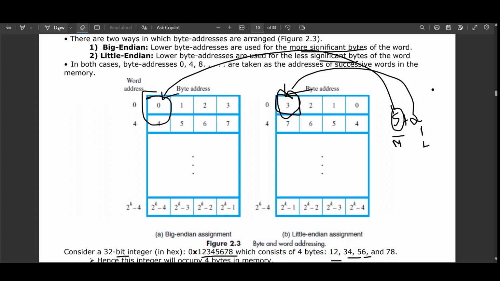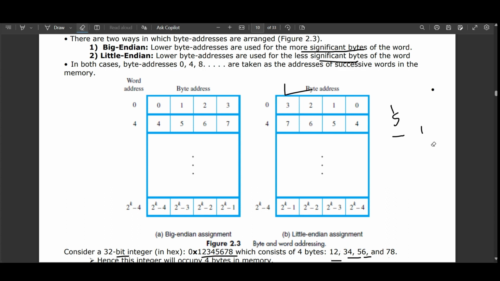As far as I know, they will give you some data and tell you to represent it in the form of big Endian and little Endian.